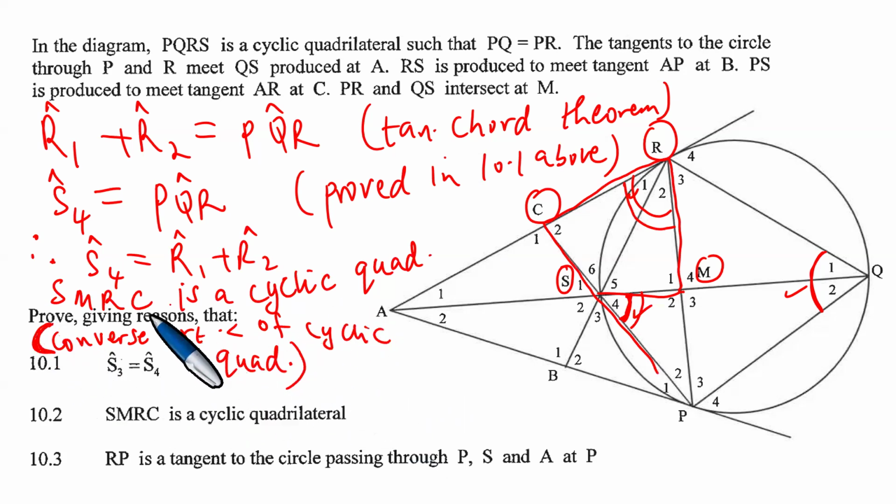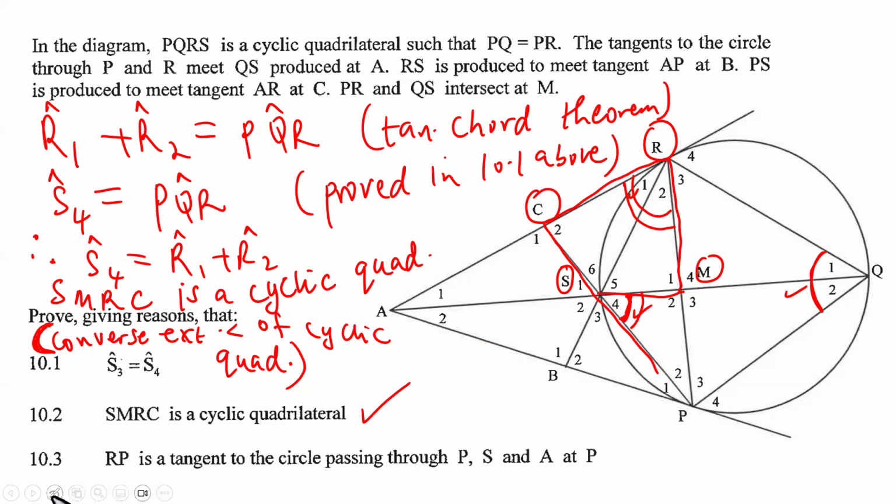Right, so this is the result: converse of exterior angle of cyclic quad. Okay, it is the converse because we have that the exterior angle of this quad equals the interior opposite angle, and therefore that means that we have a cyclic quad. So we have been able to prove 10.2 with so much ease. Just note that part.